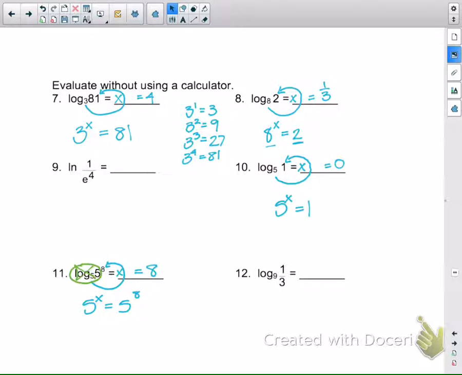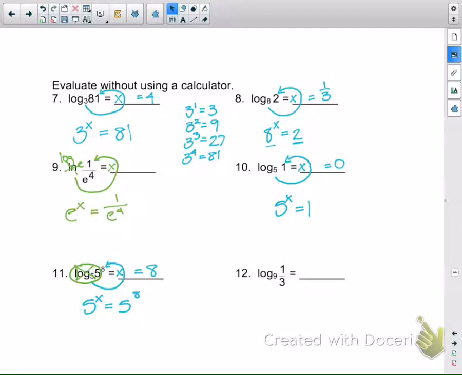Let's go back to 9 real quick before we move on. ln is the same as what? Log base e. So if you need to rewrite that as log base e before you do the loop trick to rewrite, you may do that. If I use my loop that's starting at my base e and going around, what's that going to look like? E to the x equals 1 over e to the 4th.